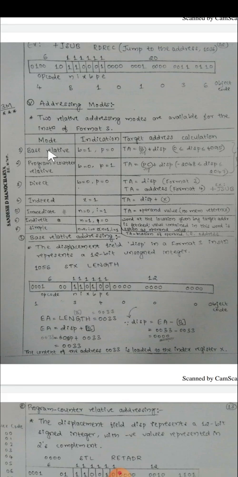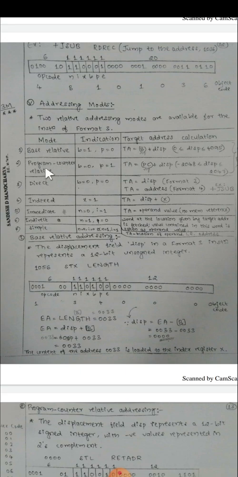As the name itself says base, here b will be 1 and p will be 0, and the target address calculation formula is: target address equals displacement plus content of register B, or content of register B plus displacement. This displacement value will always be between 0 and 4095. We have to remember this formula to solve problems in the next classes.